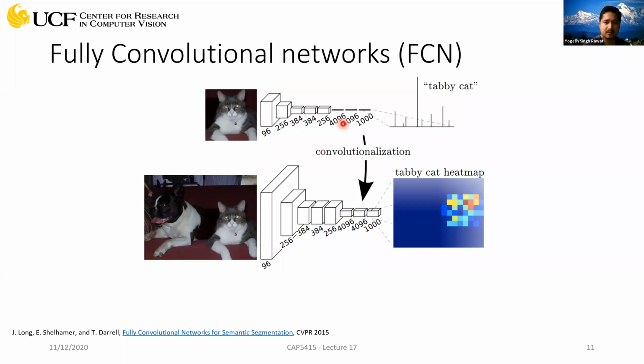Now, another view of the same network can be a fully convolutional view, which allows you to use the same network for different resolutions of images without any issue. With fully connected layers, if you have trained that network on a certain resolution, then you cannot change the resolution during testing.